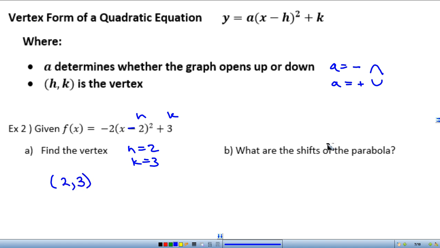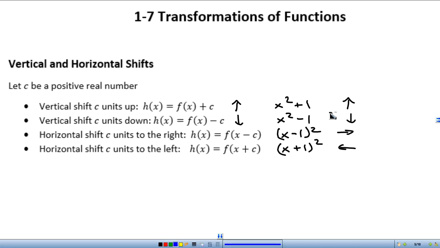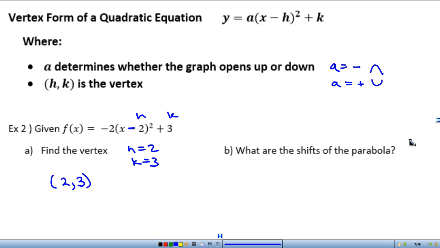And what are the shifts of the parabola? When it's asking what are the shifts, it's asking what this is. So I'm going to go to the right 2, and I'm going to go up 3. And that's my shifts. And incidentally, I open downward.